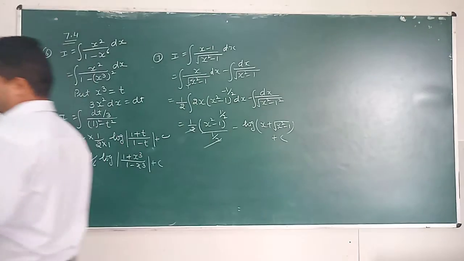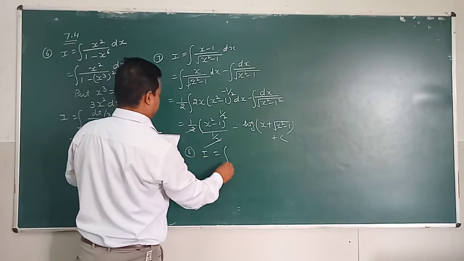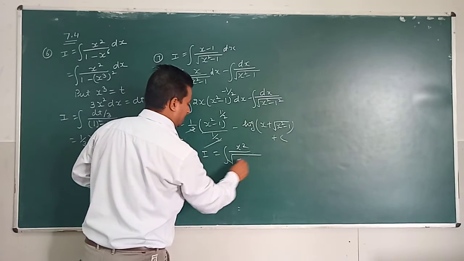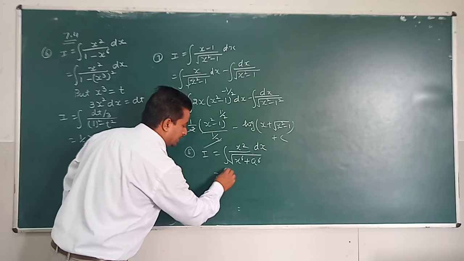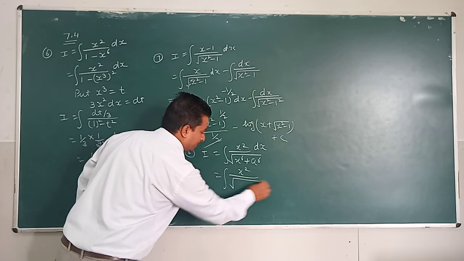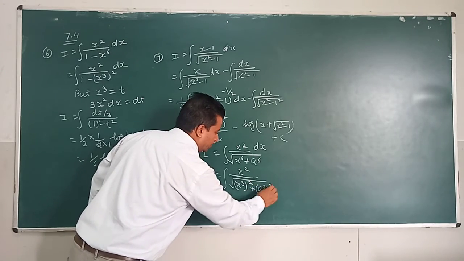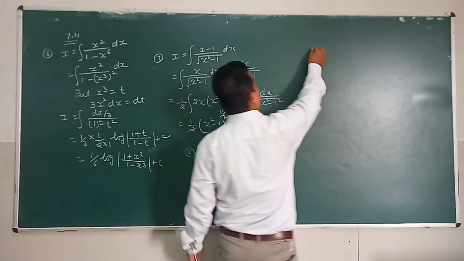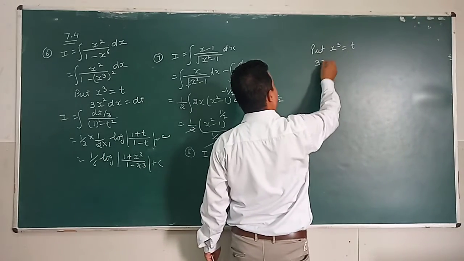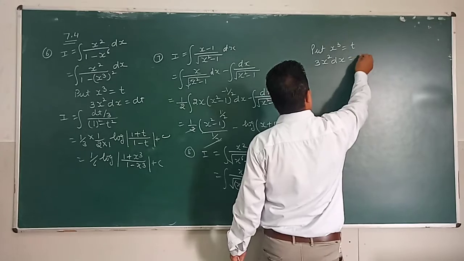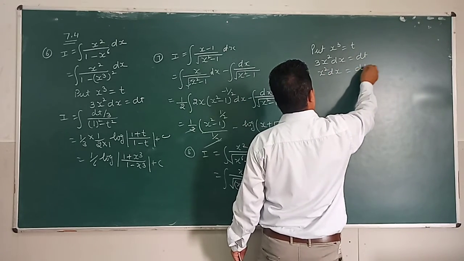In next question, the statement is question number 8. I is equal to x square upon x power 6 plus a power 6. We write first it as x cube whole square plus a cube whole square and put x cube is equals to t. So its derivative is 3x square dx is equal to dt and x square dx is dt upon 3.